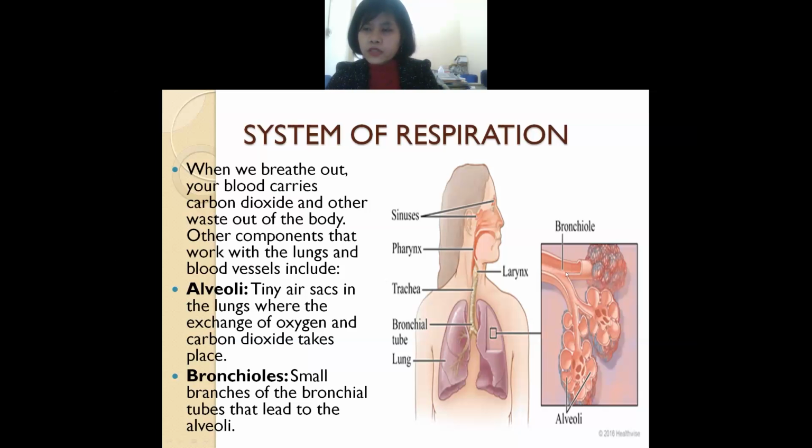And next is bronchiole. So this is the bronchiole. Bronchioles are like branches, and they are situated near the alveoli. Is it clear? They are located near the alveoli.